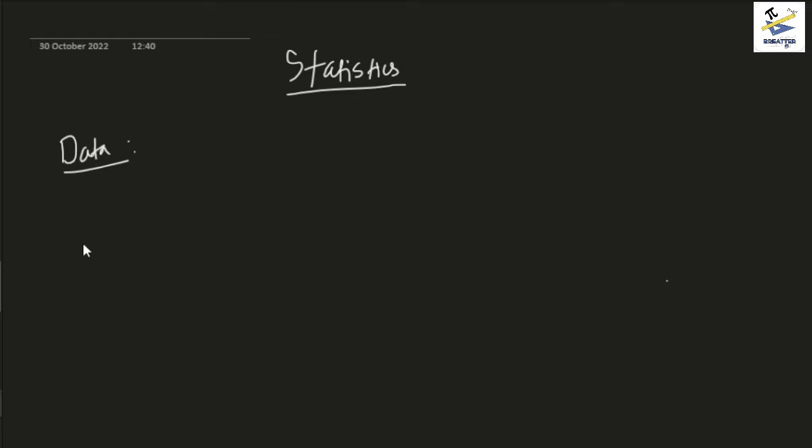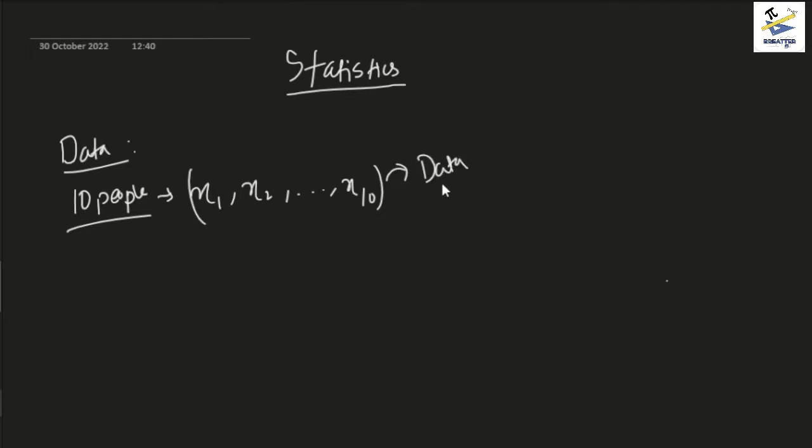For example, we can measure the heights of certain people. Let's say we have 10 people, and we measure the height of each of them. We can name the heights measured x1, x2, all the way up to x10. Let these be the data points. So what are these? These are the data for our sample experiment.